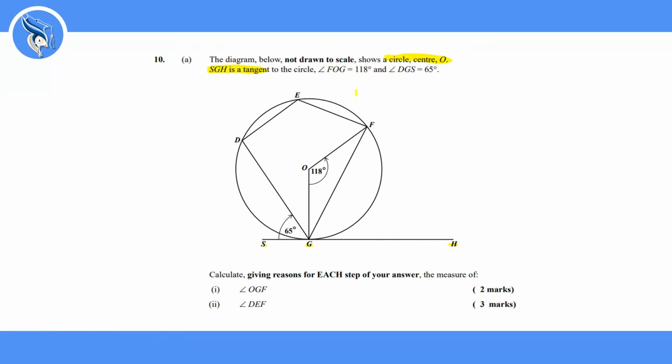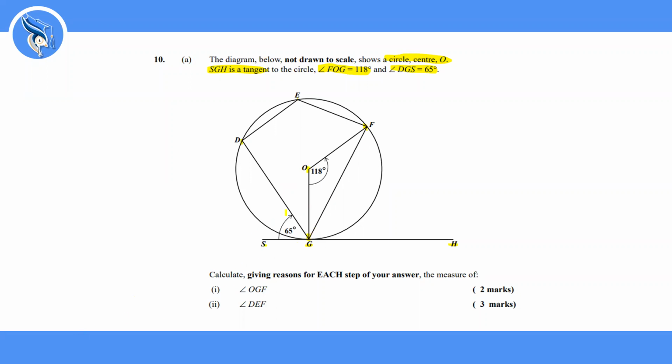Angle FOG is equal to 118 degrees. And angle DGS, right here, is 65 degrees. We have a lot to work with, don't we? And I'm seeing a cyclic quadrilateral. 1, 2, 3, 4. Let's see if we'll need it. Now they're asking us to first calculate OGF.